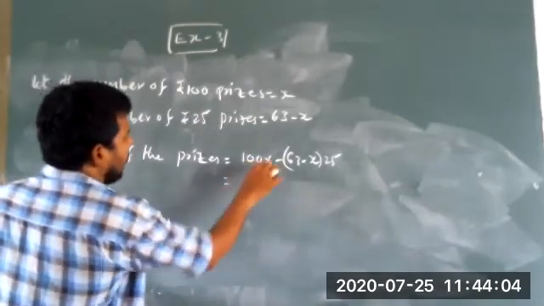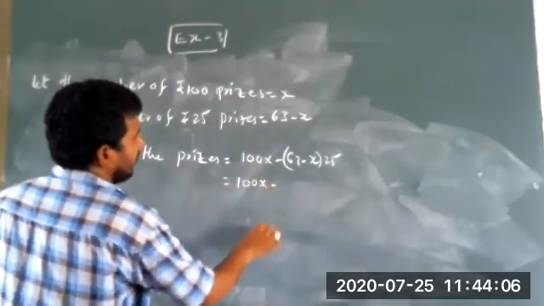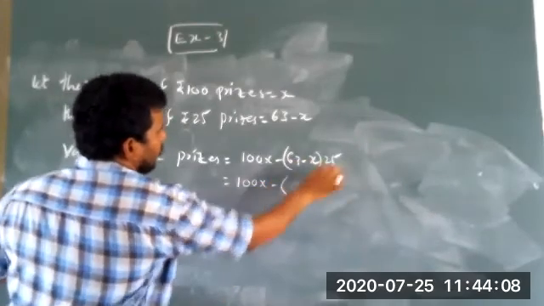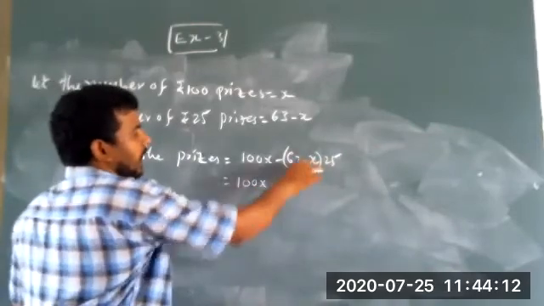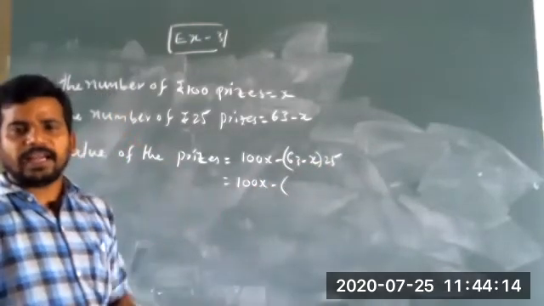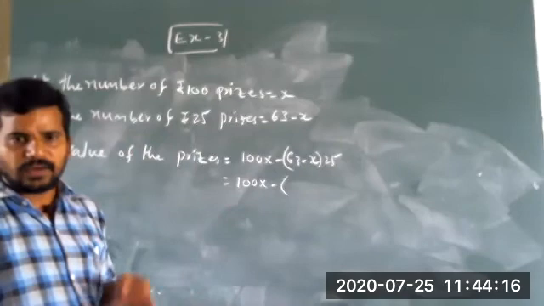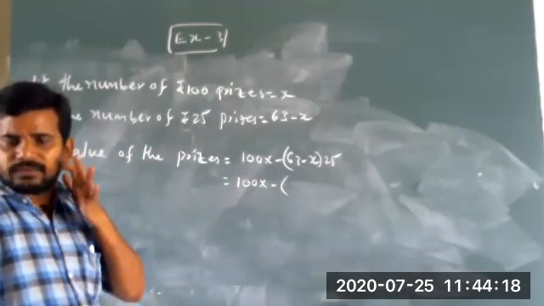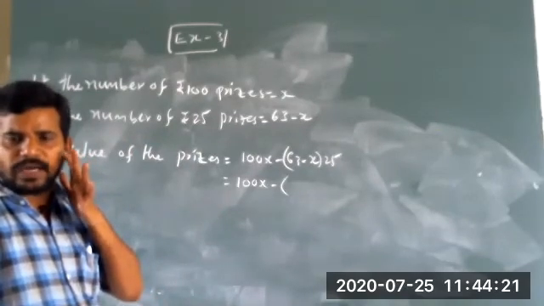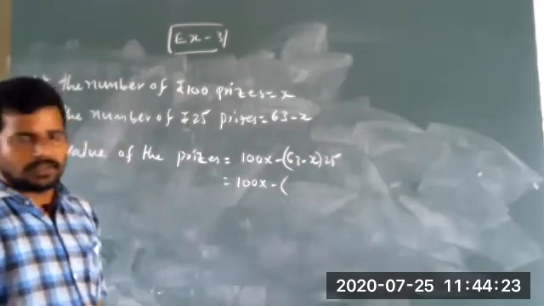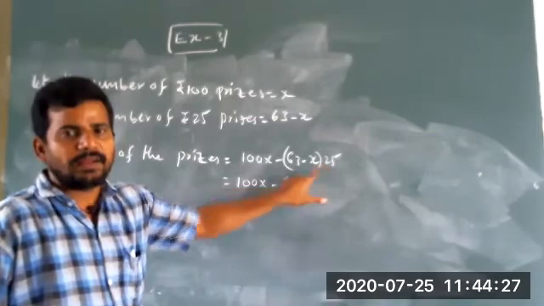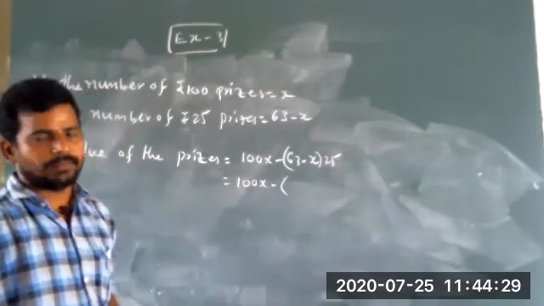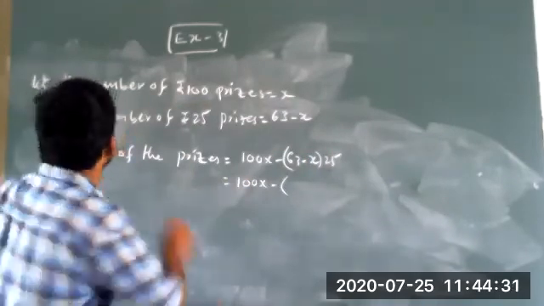So 100x plus 63 into 25 minus x into 25. Why? Because this is the distributive property under subtraction. Already I explained to you, and we learned it also. (63 minus x) times 25 is equal to 63 into 25 minus x into 25.